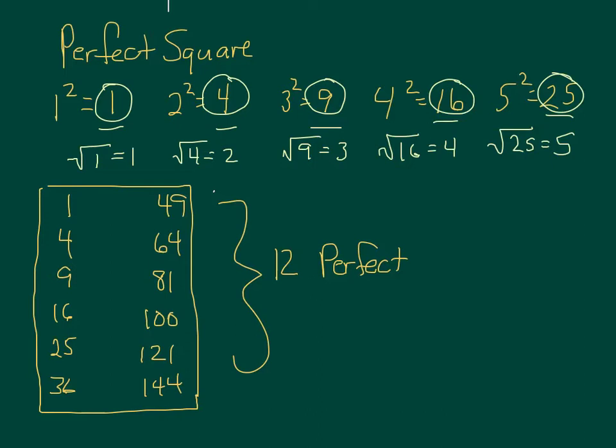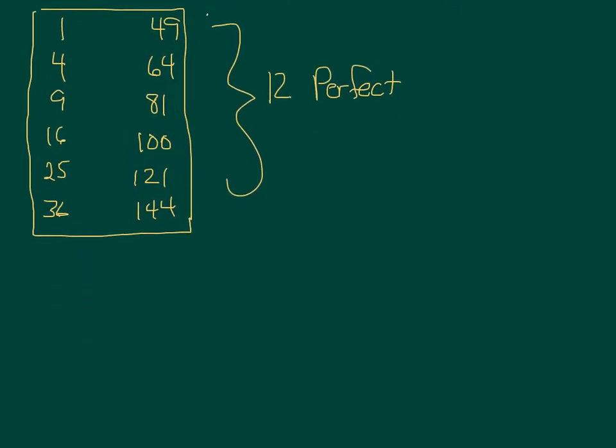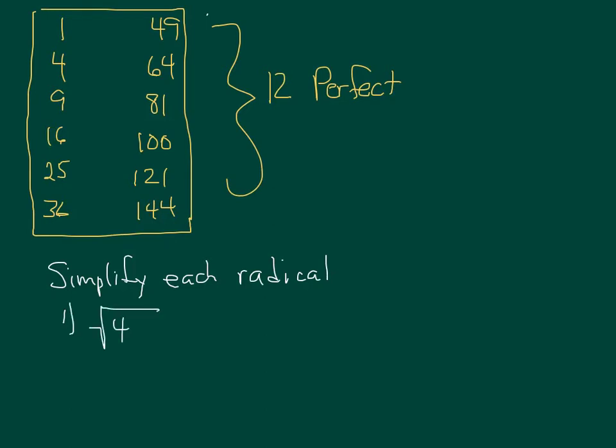Well, let's go back to our original problem, and that was to simplify radical 40. Okay, so the instructions would say simplify each radical. And we'll do several of them to get through the steps. So the first one was radical 40.